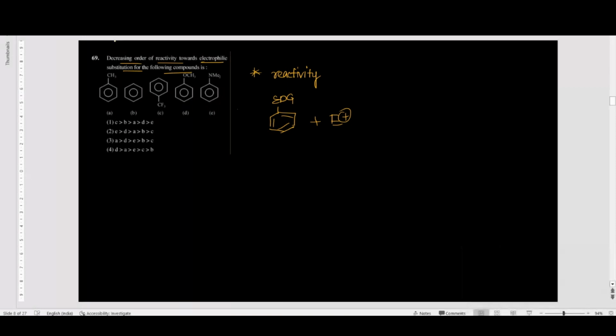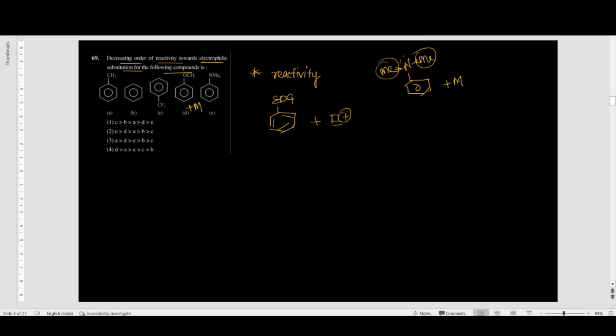That's it. So let's compare. The benzene ring should contain more electron density. So now let's check this. This NMe2, right? This one. This is a more electron donating group than this OCH3, right? So it shows plus M effect, mesomeric effect, and this also shows plus M effect. But here it shows an inductive effect too, as it contains these two methyl groups, right?